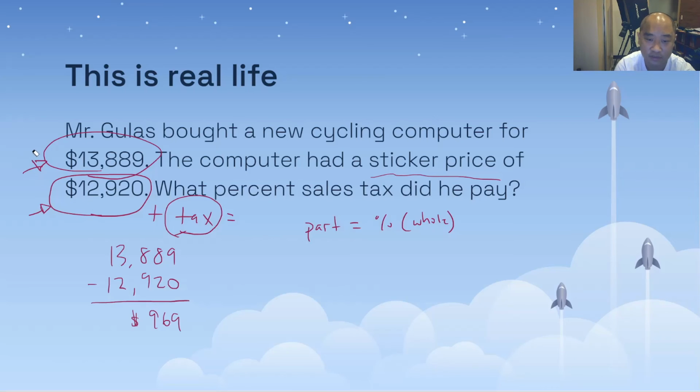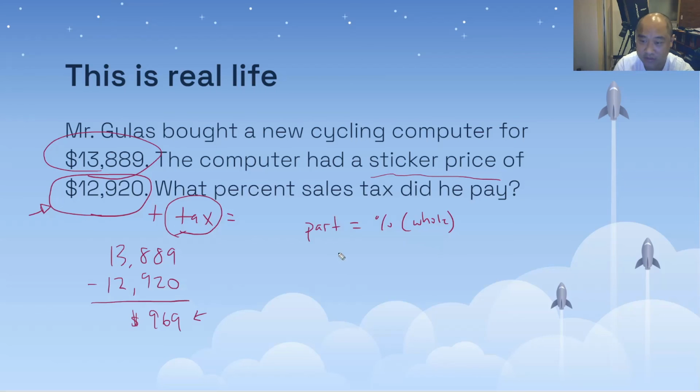Sorry, it's been so long since I've dealt with taxes. Okay, 12,920. That is our whole, that's the amount of money the thing costs, right? And then the percent tax that we pay on the whole item is going to be $969, which then we're going to add to the whole price to get the final price. I know, it's very confusing. Or maybe it's not. Maybe you've got this and it's not confusing at all.